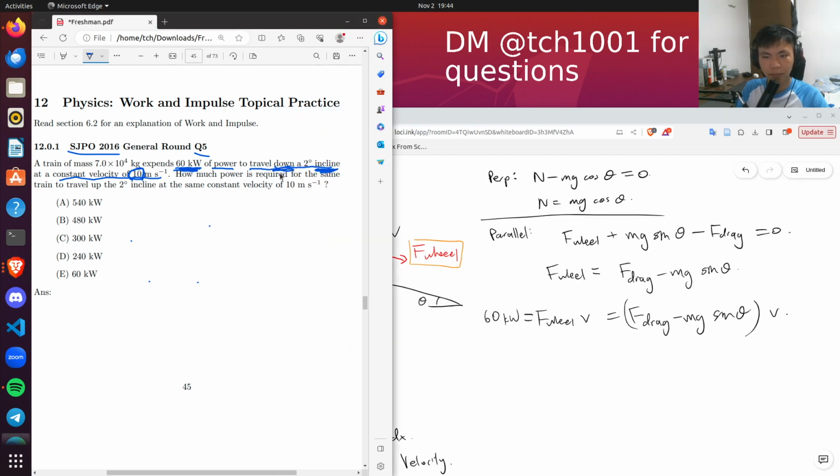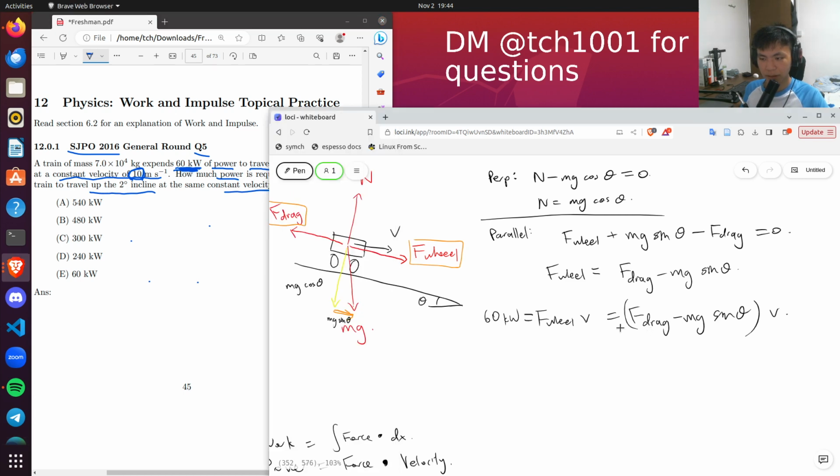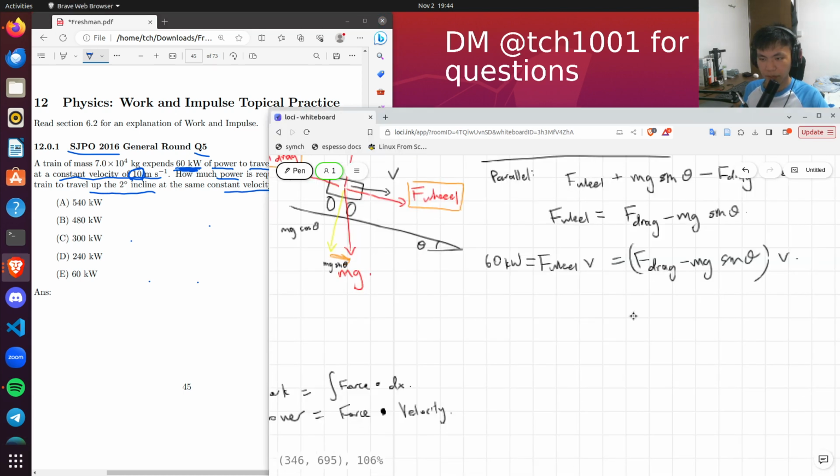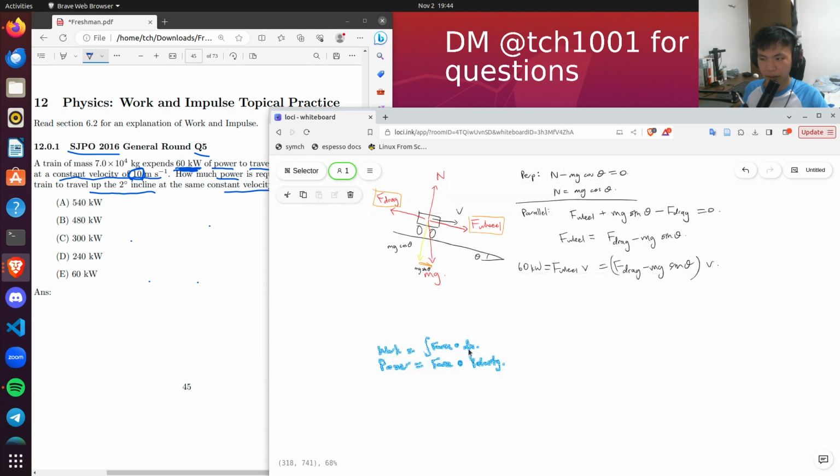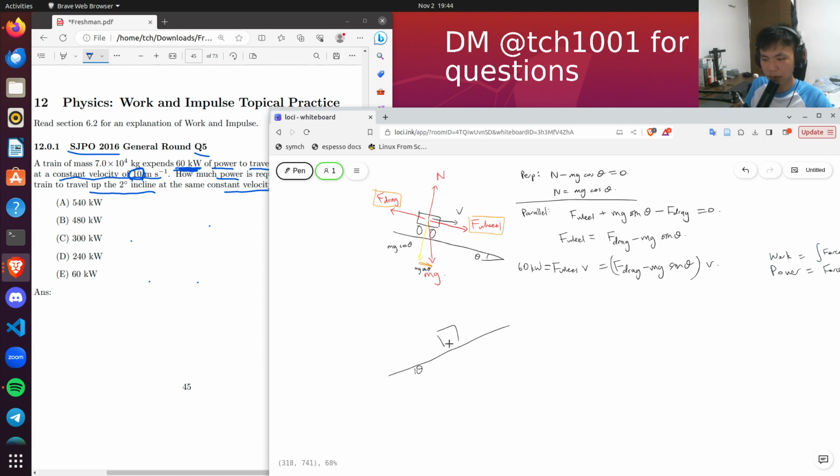But now the question asks, how much power is required for the same train to travel up the incline at the same constant velocity? So what has changed is that now instead of going down the incline, we're going up the incline. So what does that look like? Now the same incline, angle theta, the same train.